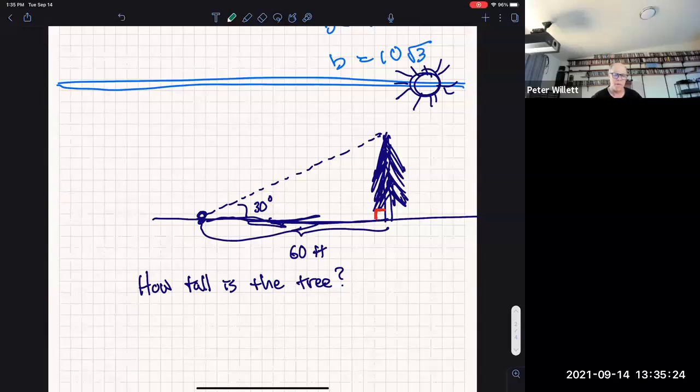And from that information, we want to know how tall is the tree. So I'm going to stop everything for about 2 minutes.